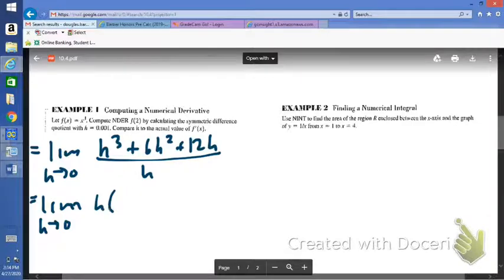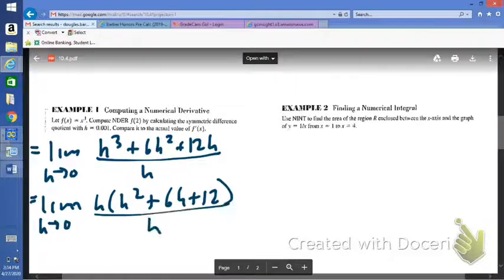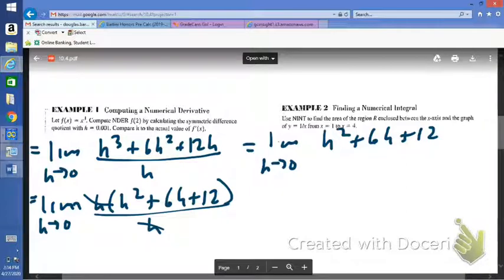Alright, factor out an h up top. The h's cancel. So we have h squared plus 6h plus 12. We can plug in 0 now.